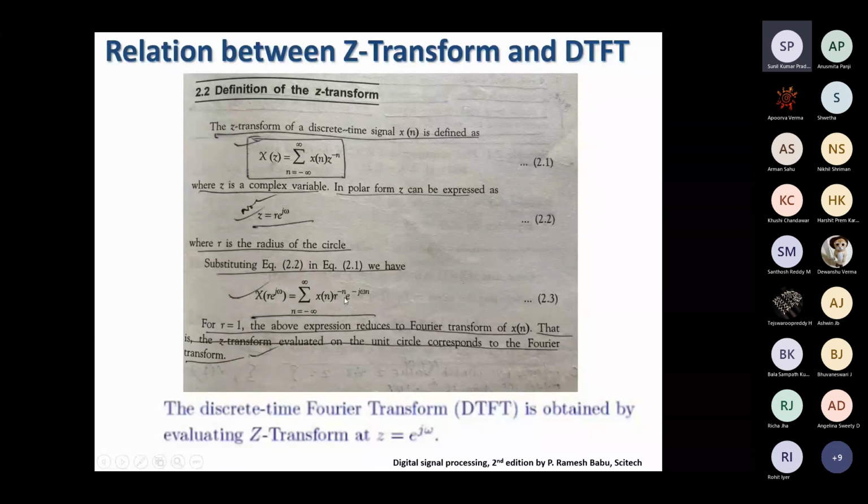Now if r is equal to 1, that gives rise to the discrete time Fourier transform, obtained at z equal to e to the power j omega. So when the Z transform is evaluated on the unit circle, that corresponds to the discrete time Fourier transform. That is the relation between the Z transform and the discrete time Fourier transform.